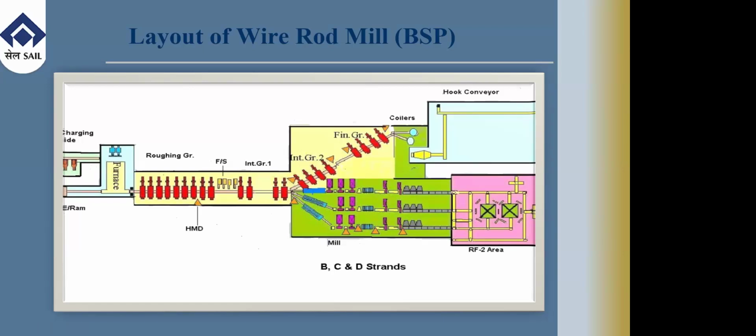Number two, if he is taking grade 3, we can suggest he take grade 2 or even grade 1. Because as we go from grade 3 to grade 1, the chemistry is leaner and drawability is more. But our Bhilai wire rods I know are being drawn to at least 0.8.